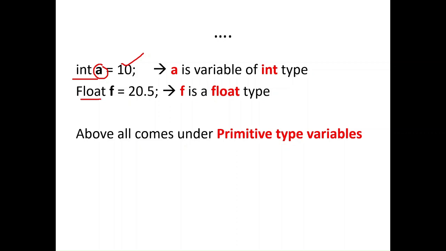You can also declare a character variable and a boolean variable. All these types are called primitive types, and the variables declared using these primitive data types are called primitive type variables. I'm talking about int, character, float. These are all primitive types.